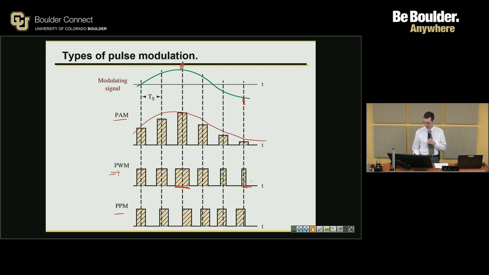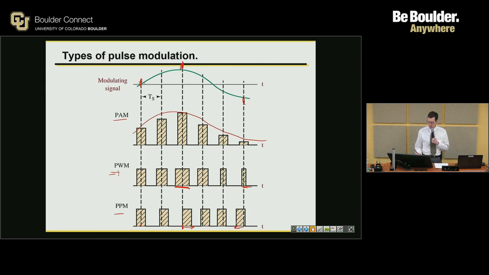And then at the bottom one, you can see that if I'm at this 0 crossing here, then my pulse position is right in the middle of the bit time. And then if I'm at my peak, then my position has been moved all the way to the right of the bit time. And then if I'm way at the bottom, I get moved to the left of the bit time. So that's the position aspect.